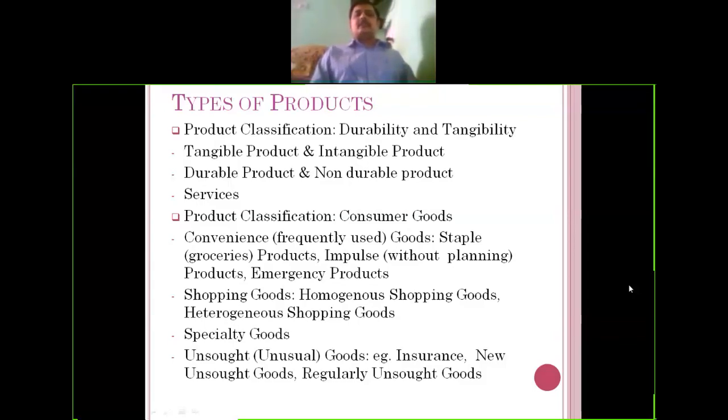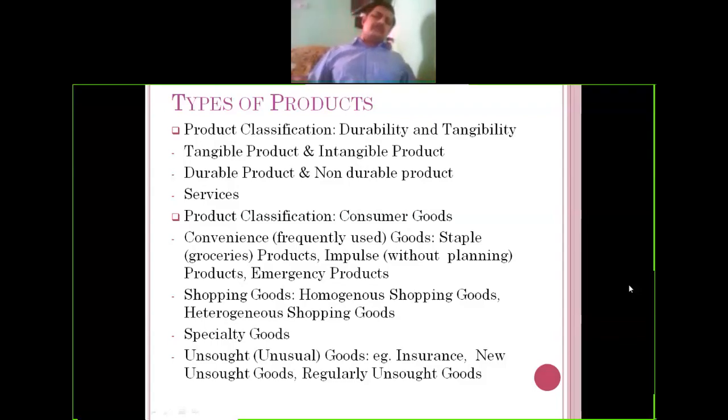Health insurance and life insurance have been available for almost 5 or 6 decades. But with respect to agricultural insurance, maybe crop insurance, then land insurance, and many more, yes, those are all new unsought goods.